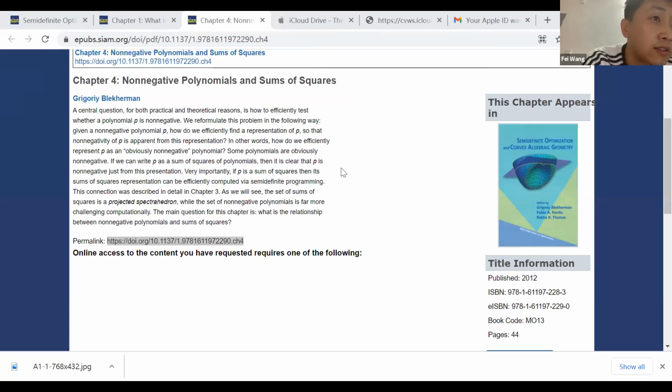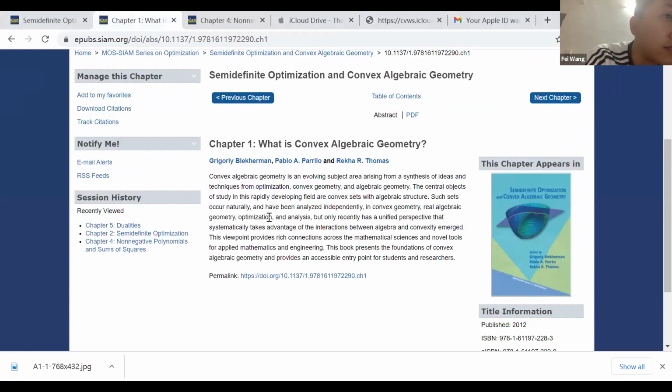So this is the book by Pablo Parrilo, Gregory Blekherman, and Rekha Thomas, called Semidefinite Optimization and Convex Algebraic Geometry. You can see these chapters.